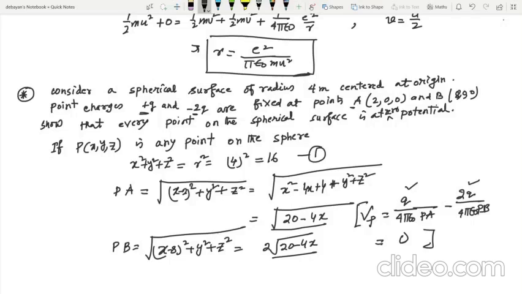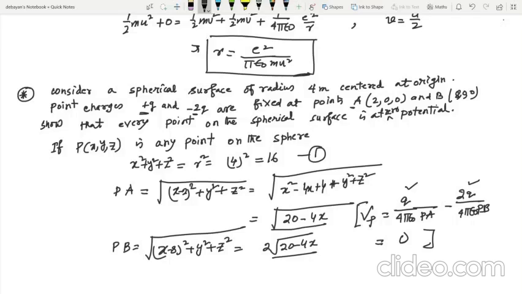Say the potential at any point is given by V equals x y square minus 4x cube. Now you have to find the Cartesian components of the electric field at that point.